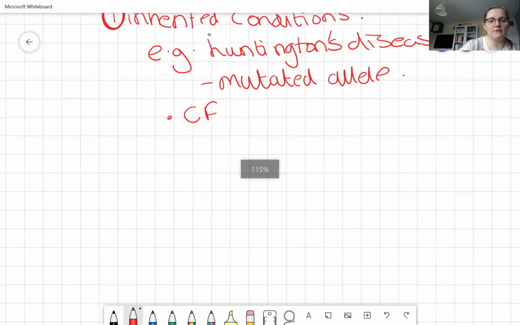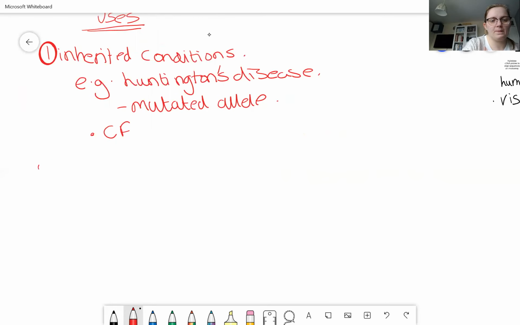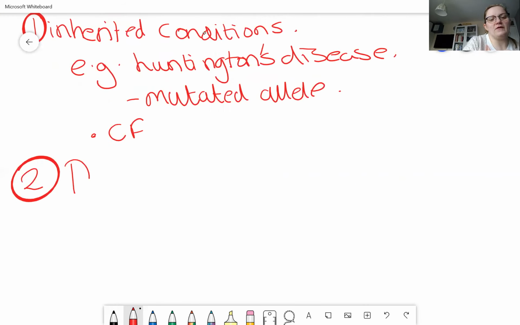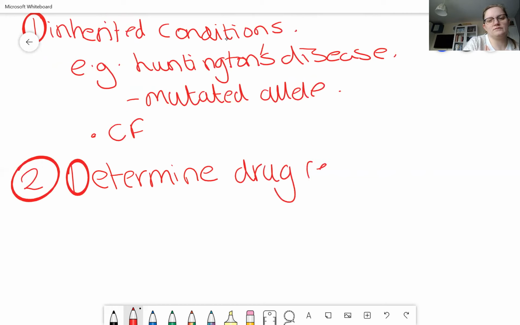Another thing that we can use these DNA probes for is to determine drug response, and it's that design a drug idea. So, for example, the idea of determining drug responses is to see how a patient will respond to specific drugs in their body.